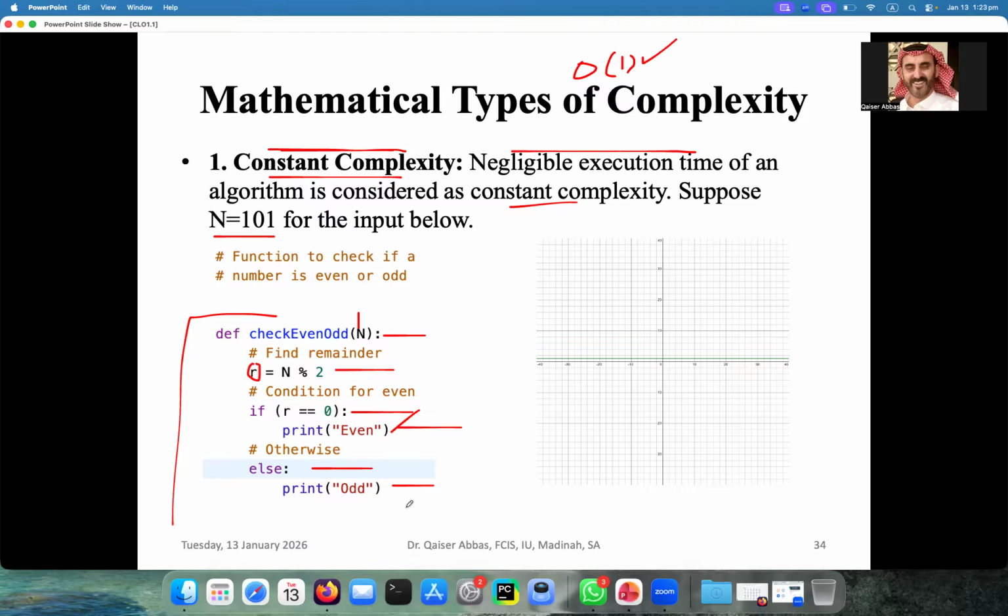So this method has constant complexity. In graphs, constant complexity means the curve goes flat like that, constant. This is the graphical representation, nothing else.